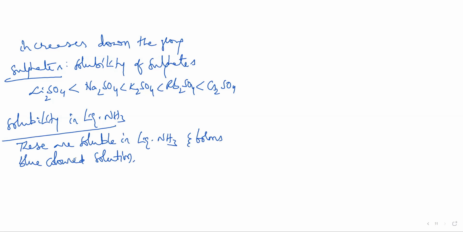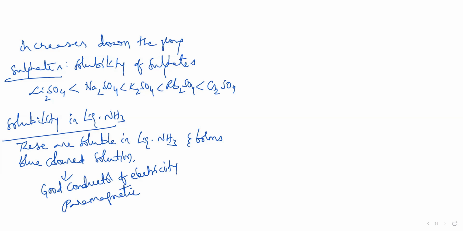Okay. Now, this blue color solution is good conductor of electricity because it produces unpaired electron and paramagnetic in nature due to the presence of unpaired electrons. Right? So that is about solubility in liquid ammonia.